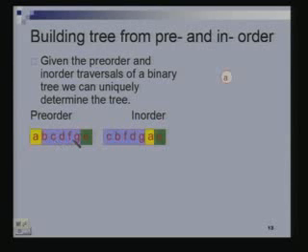So in essence, I have managed to identify what the left and the right subtrees are, and I know their pre-order and in-order traversals. So my problem, I can use recursion now.